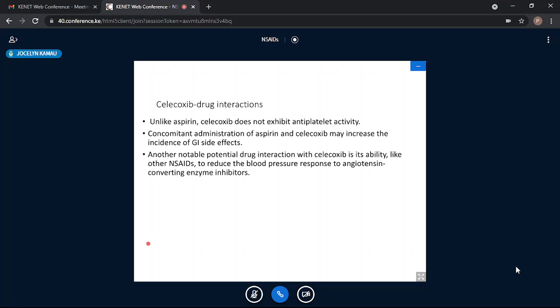I don't know why this thing keeps popping up. What do you understand by aspirin bringing about antiplatelet activity? What do you understand by antiplatelet activity?